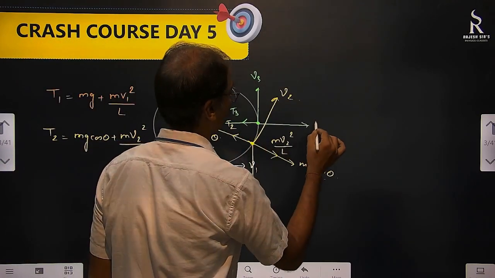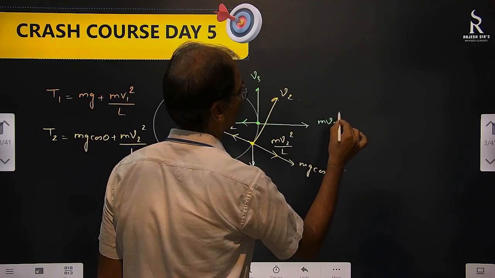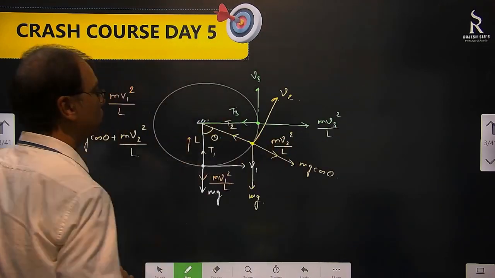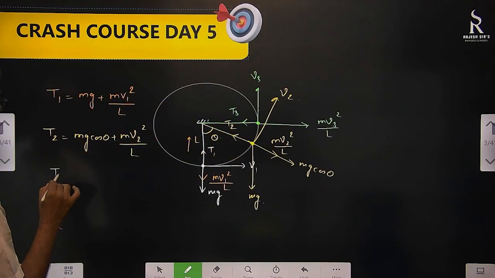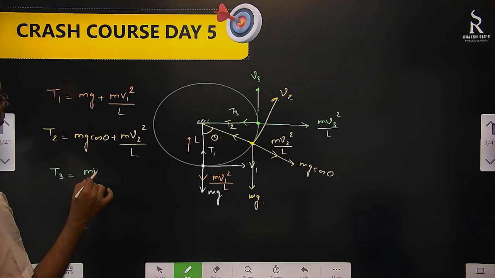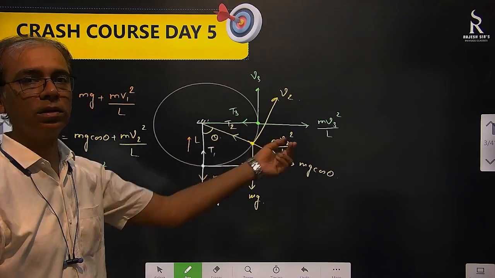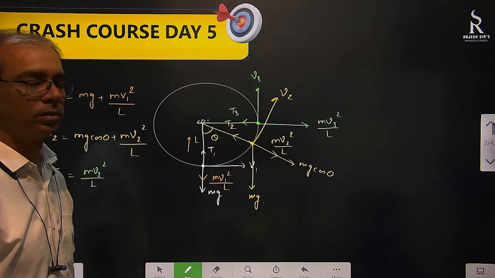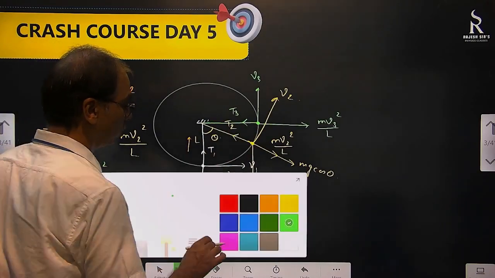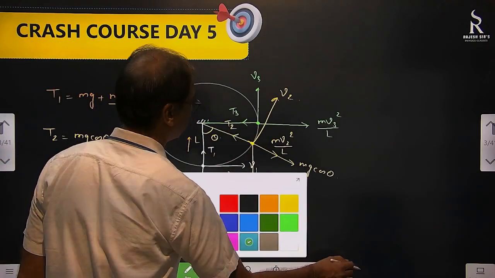Centrifugal force only. Here it is. mv3 square by L. So at this position, T3 is mv3 square by L. Who is giving tension to the string? Only centrifugal force.